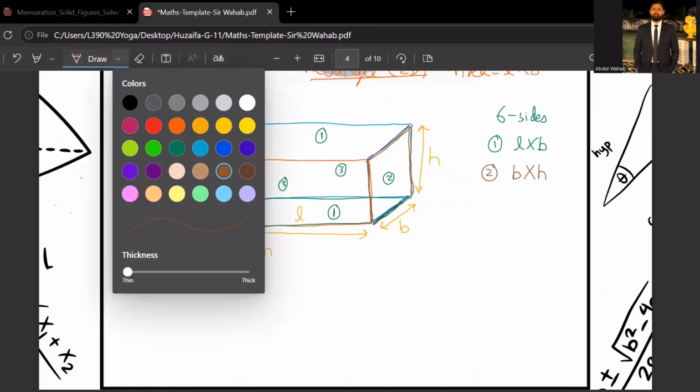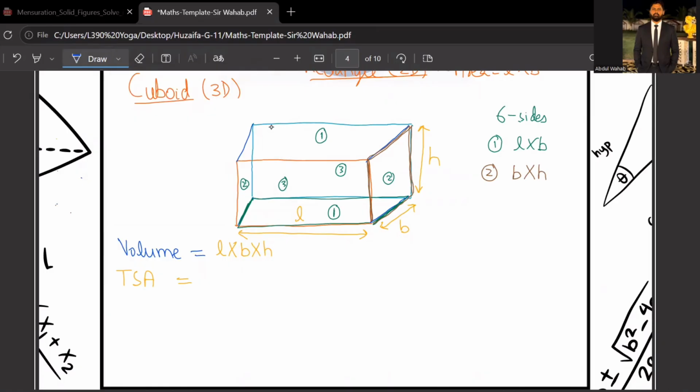The third part is the front. For the front, you can see this, this, and this.